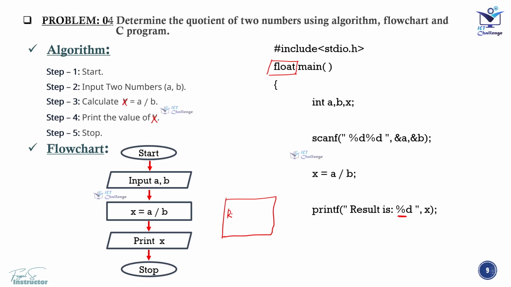Here "result is", then colon, then if the result is 2, say for example the calculation of a and b gives x equal to 2, then this output should be printed too. If I write this percent d in between "result" and "is", then these two words will be printed after the result.